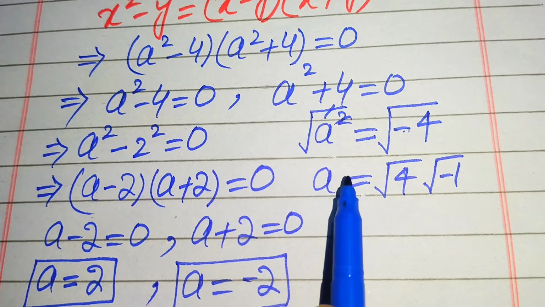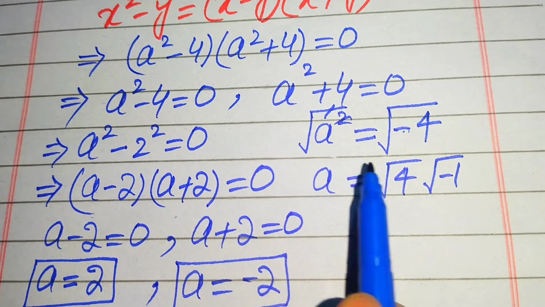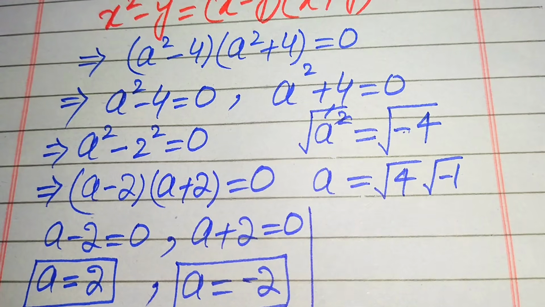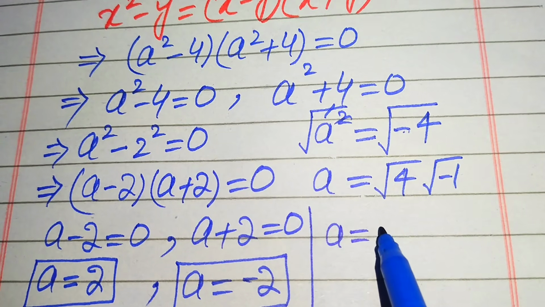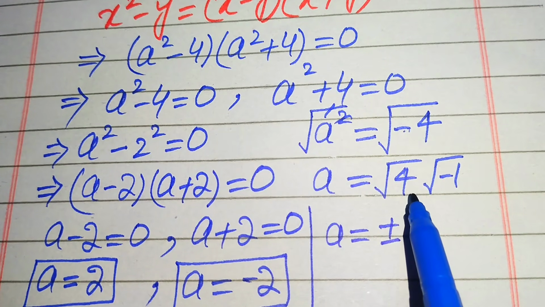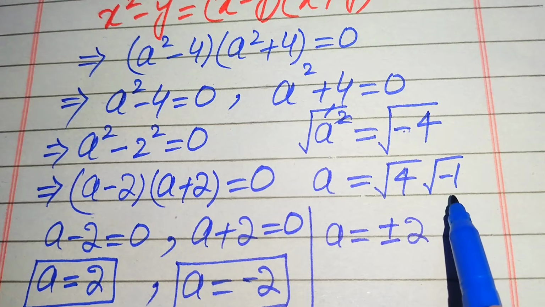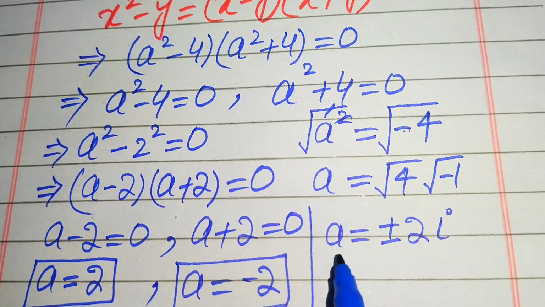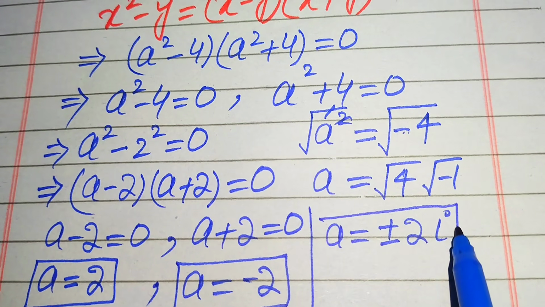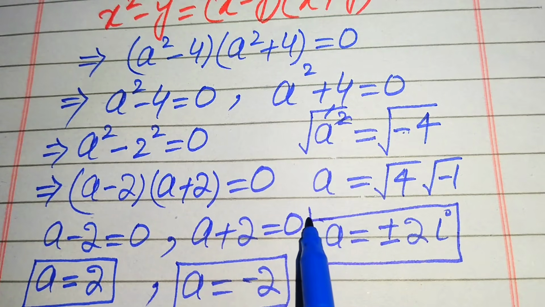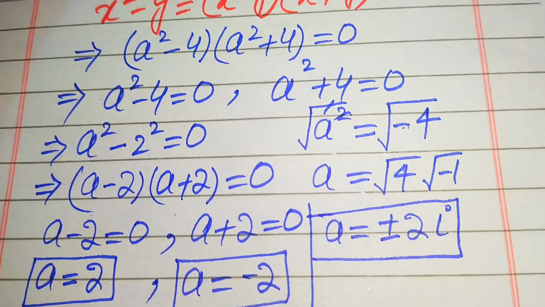You know that when we apply the square root on both sides, we write a plus minus sign on one of the sides. So we get a is equal to plus minus square root of 4, which becomes 2, times square root of minus 1, which becomes iota.